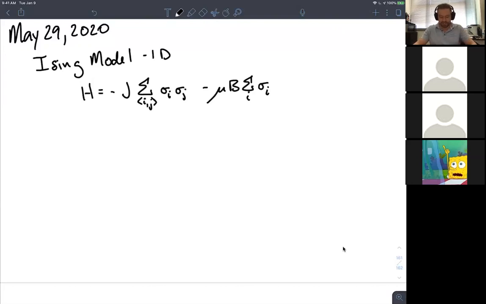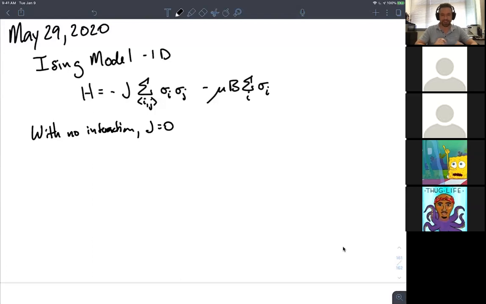So what we did last time was to solve for the statistics of the behavior of the system in the case of no interaction, that is J equals 0.